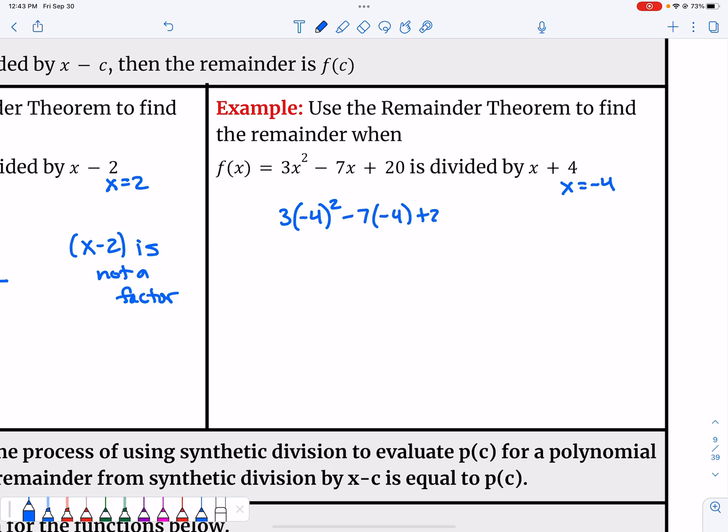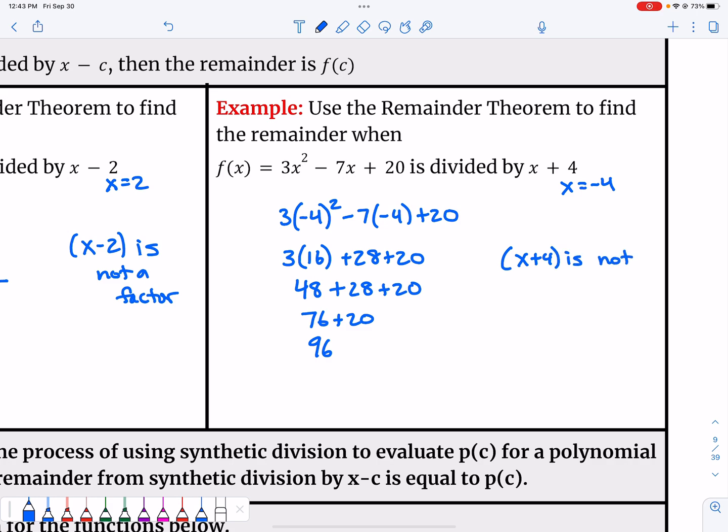So let's see what we get. 3 times -4 squared would be 48, plus 28 plus 20. So that would be 76 plus 20 is 96. So we can see that x plus 4 is not a factor as well because we ended up with a remainder of 96.